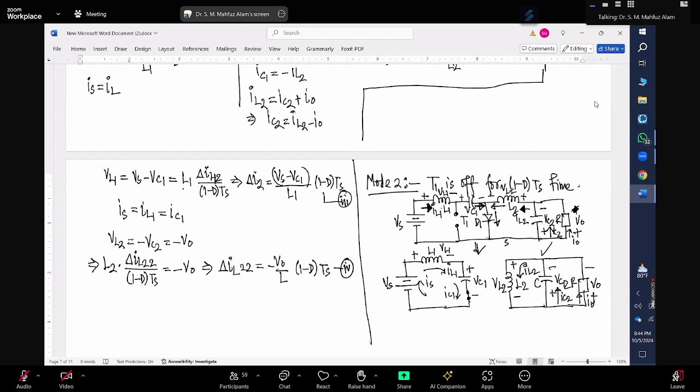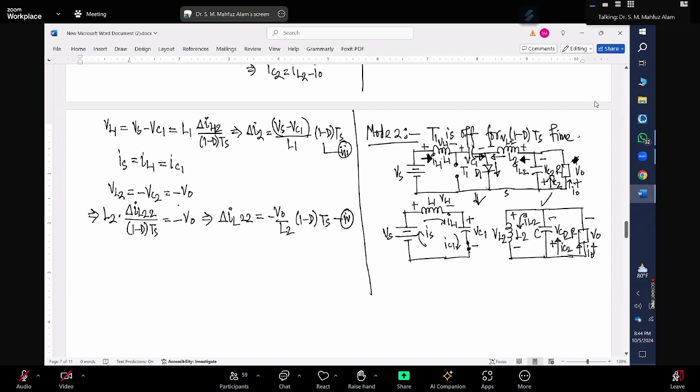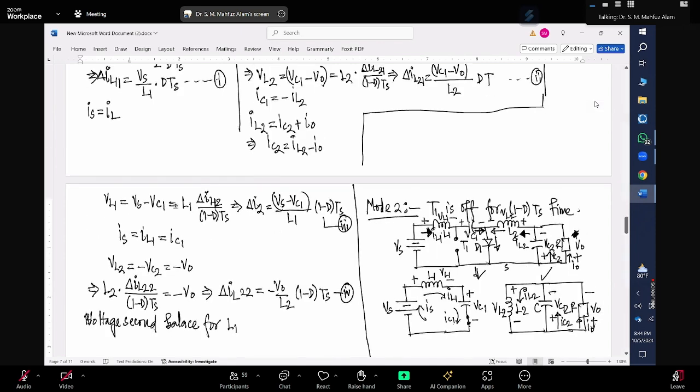So now, if I want to do the voltage second balance for L1, what can we write?